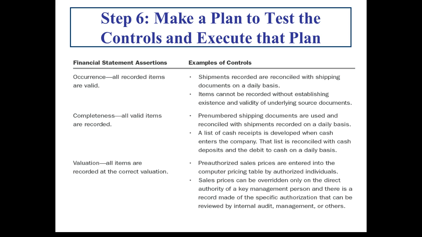So the way we test to make sure that all of these transactions really occurred is we can look at shipments that are recorded, are reconciled with shipping documents on a daily basis. Items cannot be recorded without establishing existence and validity of underlying source documents.